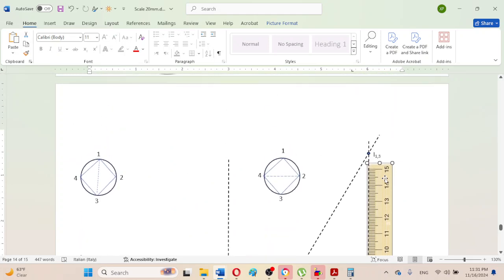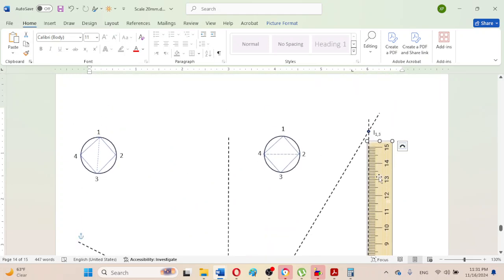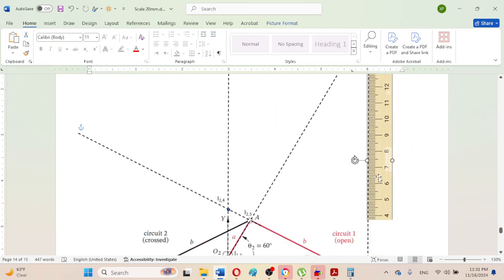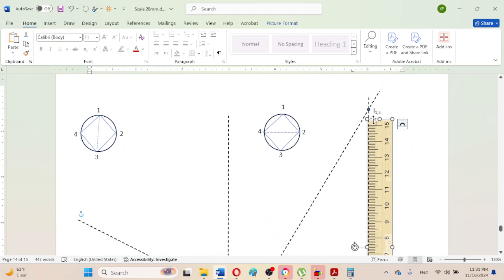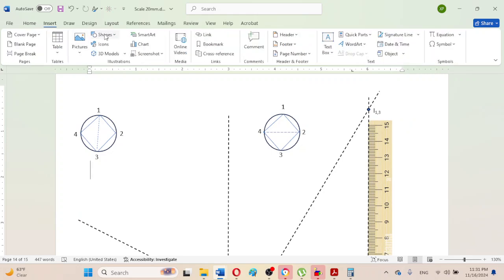Like this. So as we can observe here, up to here 15 centimeter have been completed. So just draw here a reference line, because the scale cannot be resized.